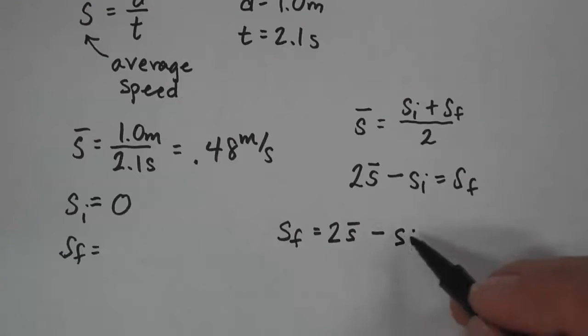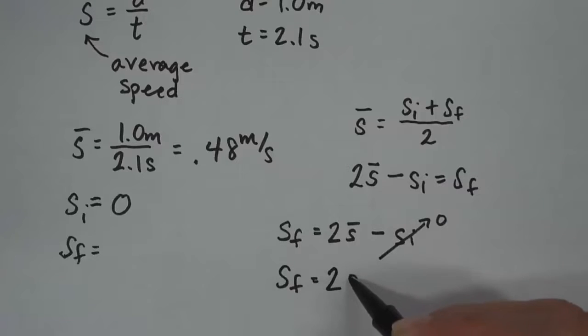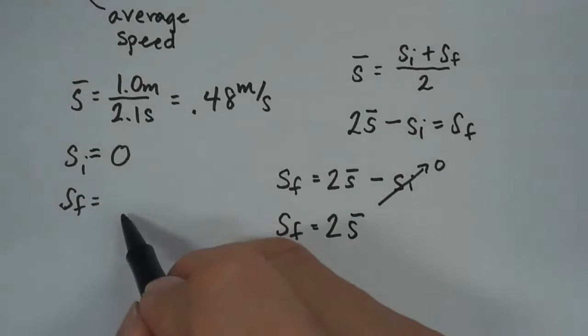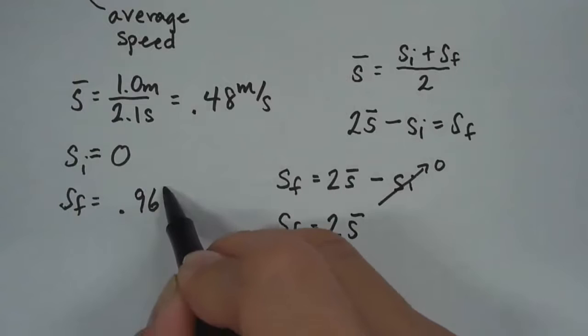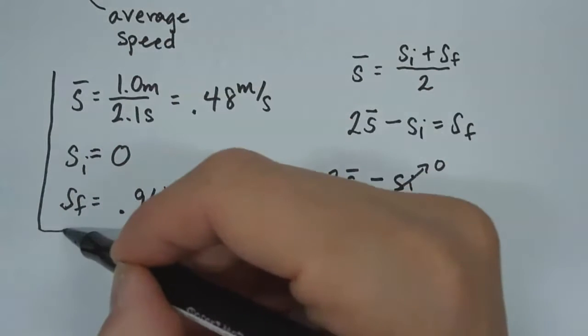Now in this case, the initial speed is just 0. So the final speed is just 2 times the average speed. So 2 times 0.48 is 0.96 meters per second.